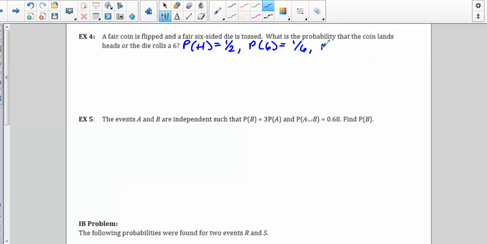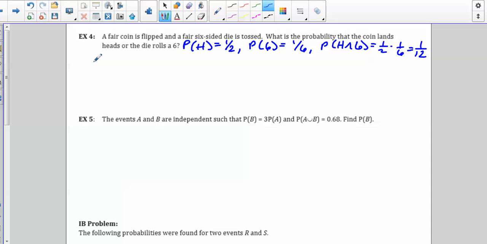And the probability that both happen is going to be their product, 1/2 times 1/6. So now we want to find the probability that the coin lands on heads or the die rolls a 6.